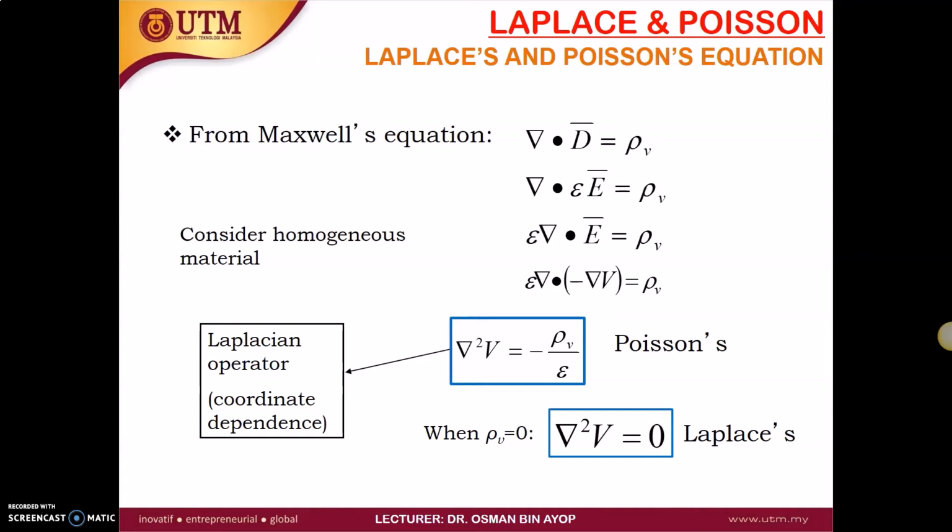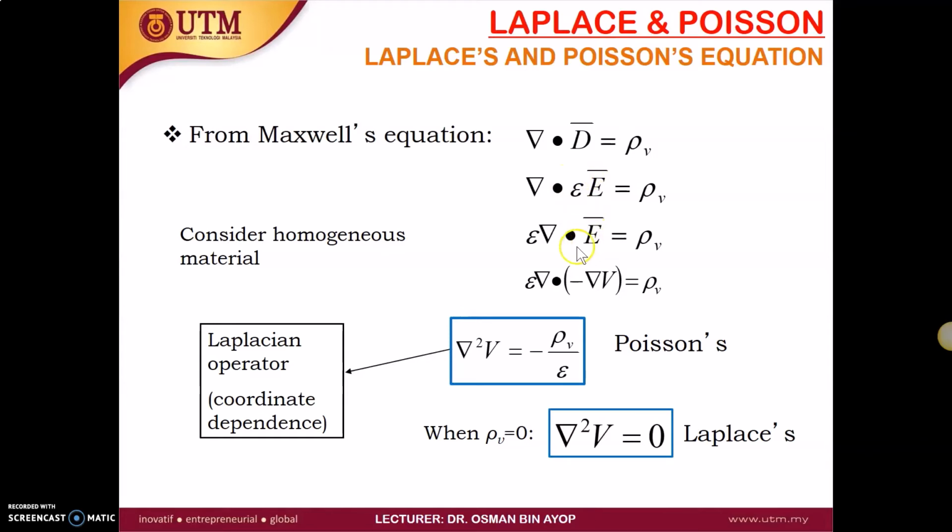You will be introduced to what the Laplace and Poisson equations are. From the first Maxwell equation, we have the divergence of D equal to rho v. From these expressions, D is equal to epsilon E. Consider a homogeneous material where this epsilon is considered a constant.